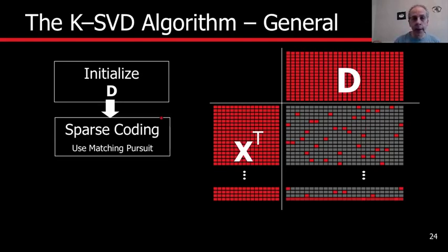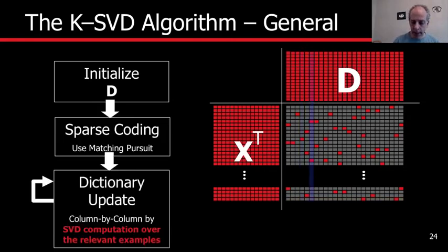The next part is we are going to have to update the dictionary. And the basic idea is we go in the other direction. For doing the sparse coding, we went in this direction. We sparsely code every signal. In the dictionary, we're going to update one atom at a time using the codes that we have already produced.